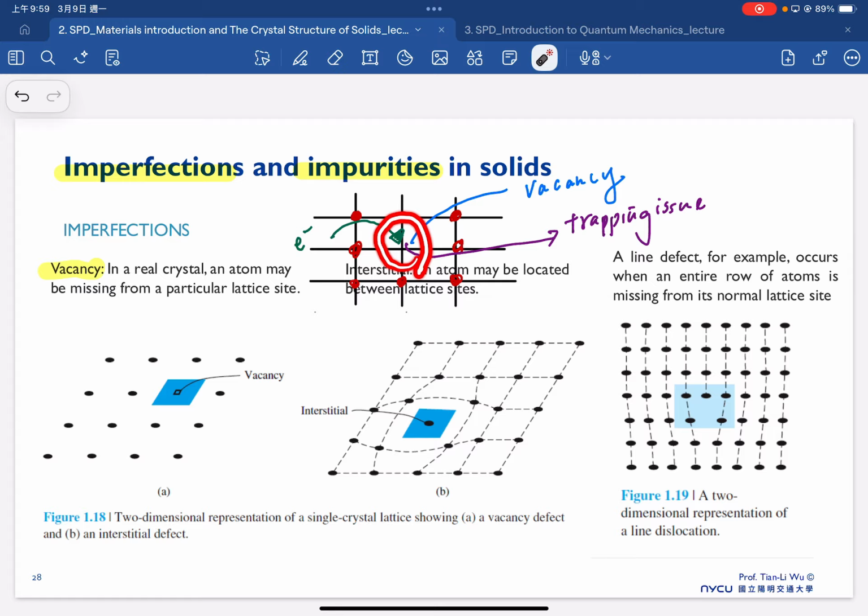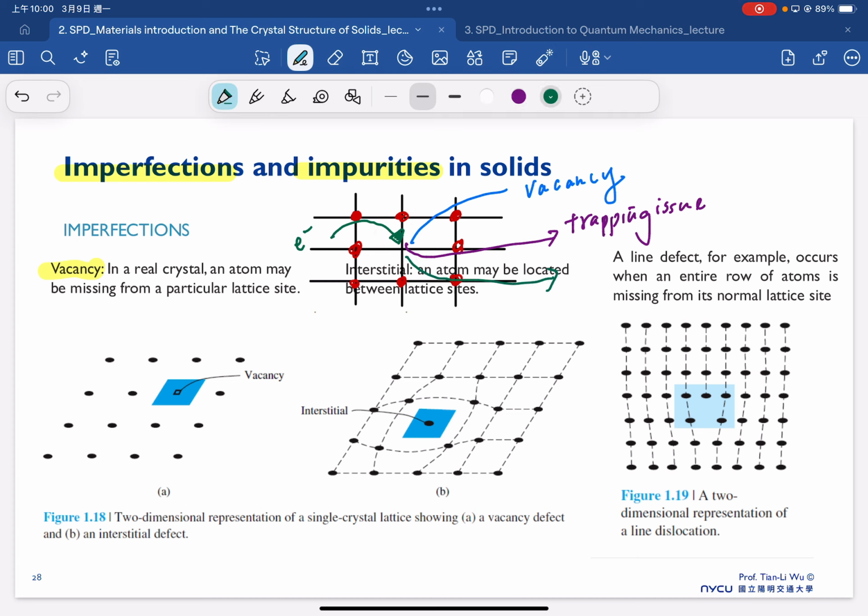Once the trapped electron leaves this place, that is what we call detrapping. In reality, the electron can be trapped in this vacancy, and after 5 minutes, 10 minutes, 1 hour, 10 hours, 5 days, 1 year, suddenly these trapped electrons start to leave this vacancy. This phenomenon we call detrapping.